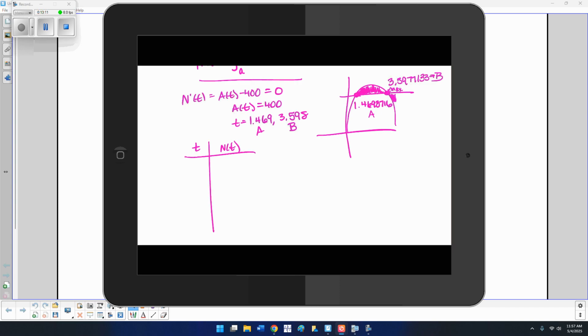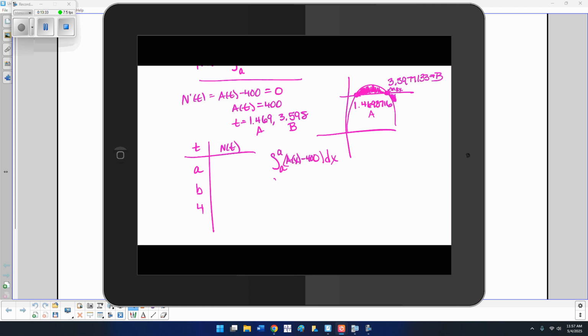A is the beginning of time when I'm supposed to be considering this. I'm just going to write A, then B, and then 4. And really, each one of these is just a matter of plugging it into this function here, so I'm not going to waste your time.